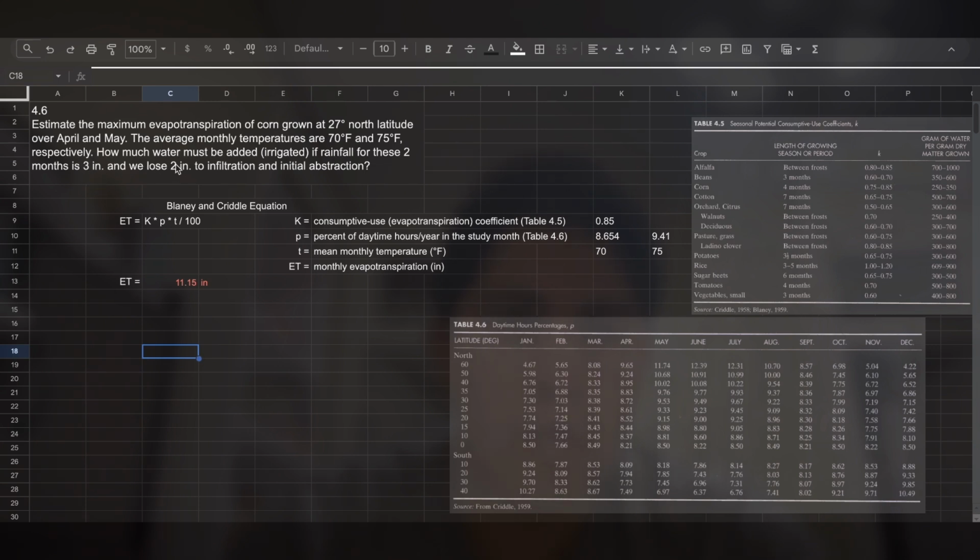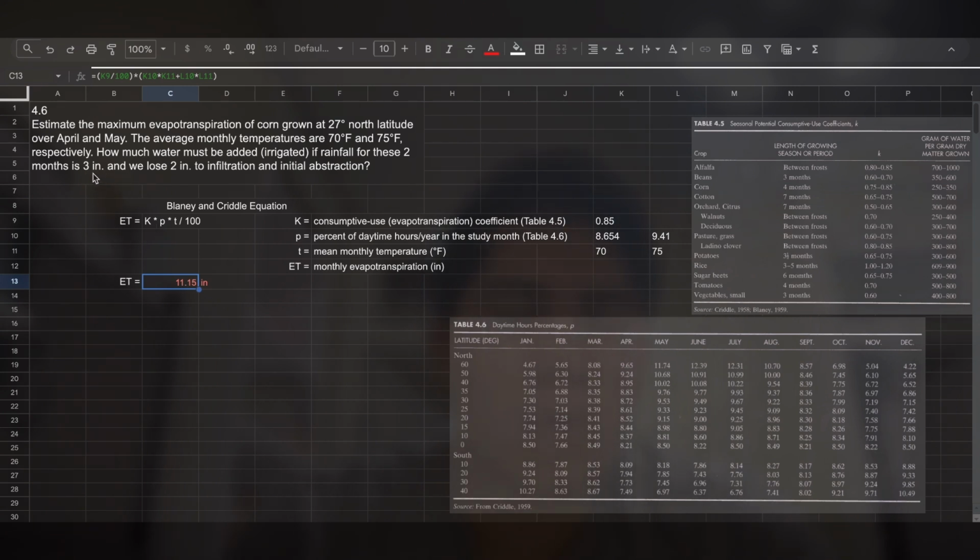We are losing 2 inches due to infiltration and initial abstraction. And we just solved that we are also losing 11.15 inches, about 11 inches, due to evapotranspiration. So we're losing 11, we're losing 2, so that's 13 inches, and we're gaining 3 inches.